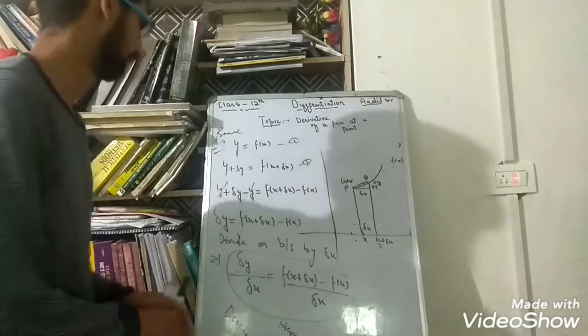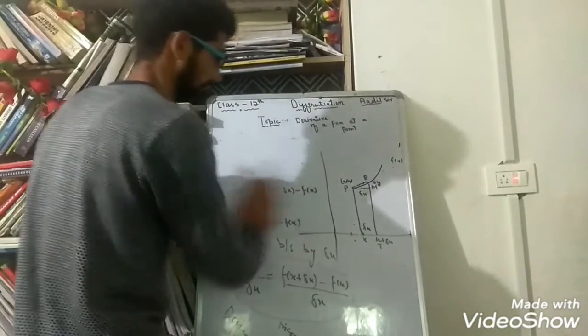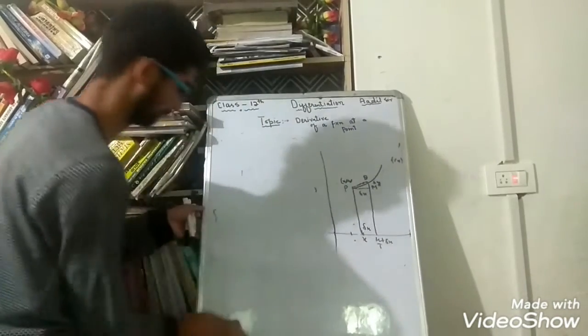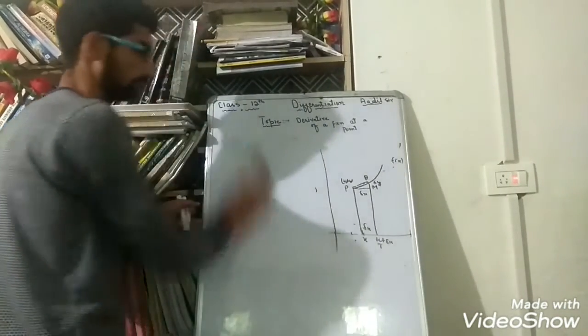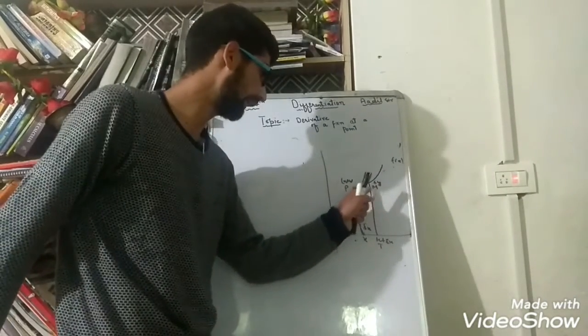Now we are getting the ratio of these increments del y and del x.